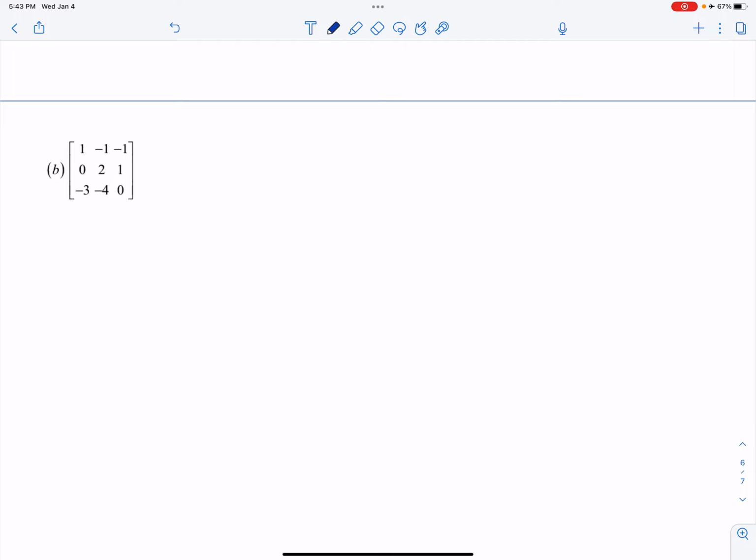Okay, let's find the inverse of this 3 by 3. Same setup. I'm going to set it equal to the identity, and then reduce to row echelon form until we get the inverse.